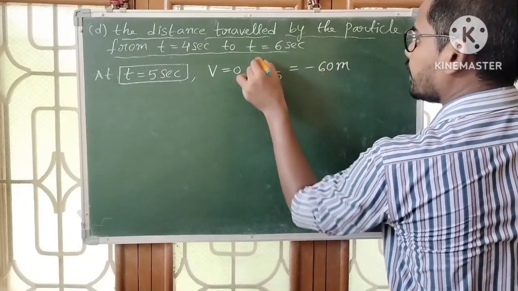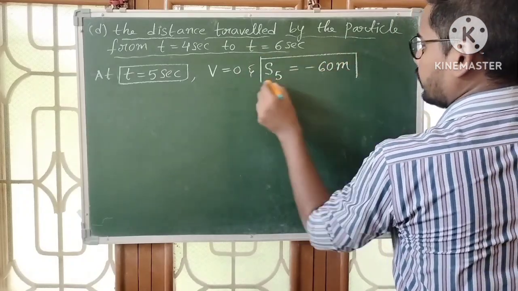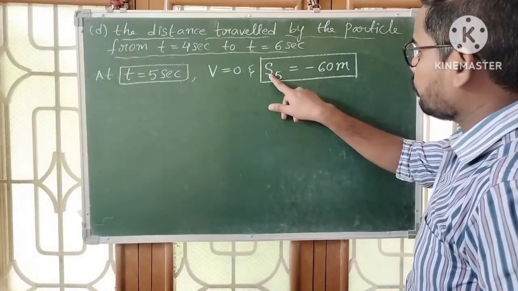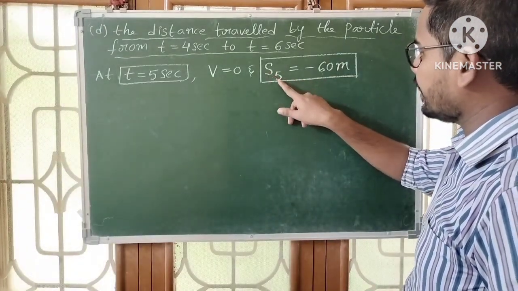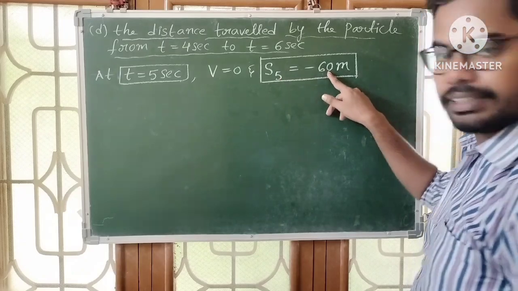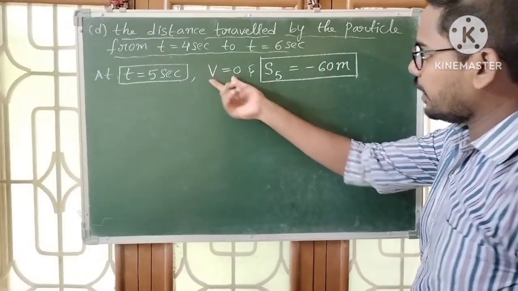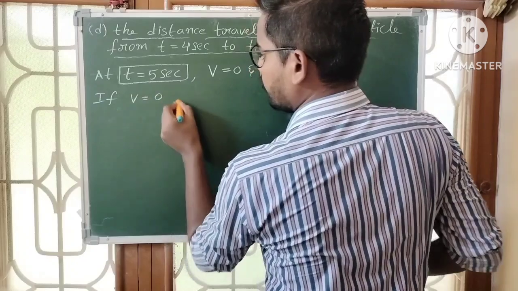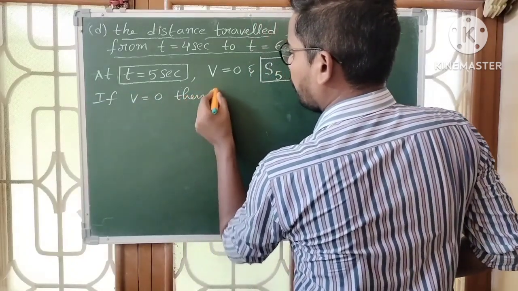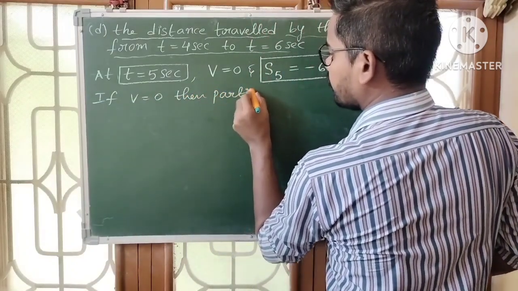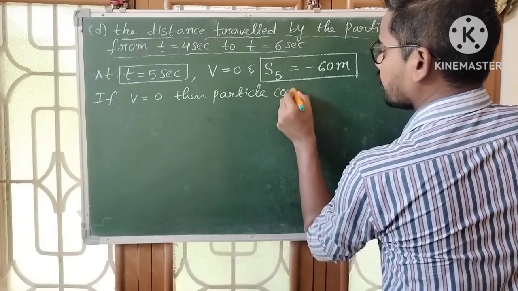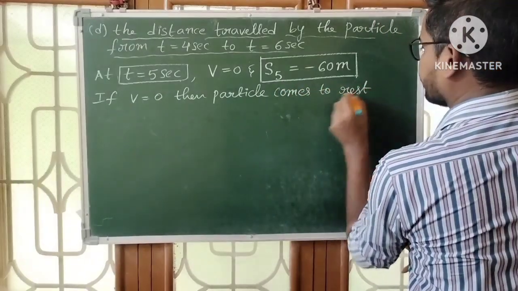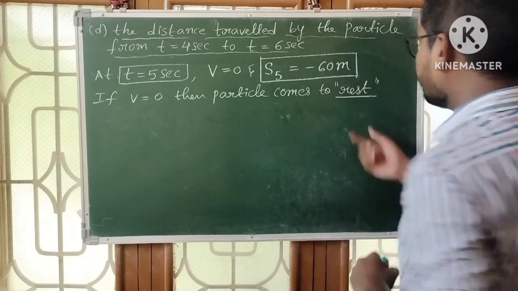We already calculated that in part A. So S5 is equal to minus 60 meters. So if velocity v is equal to 0, then the particle comes to rest.